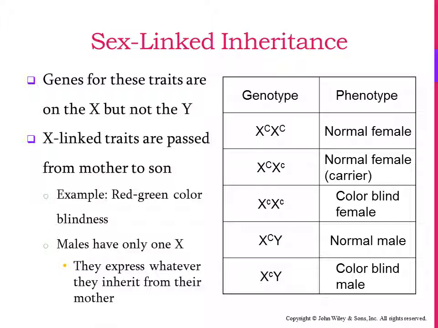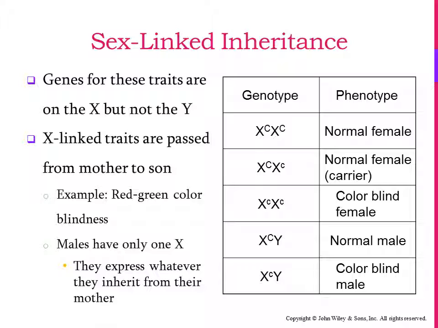So note that if the trait is X-linked and it's recessive, for example, color blindness, the male's genotype would be X color blindness, Y. That male would be colorblind.